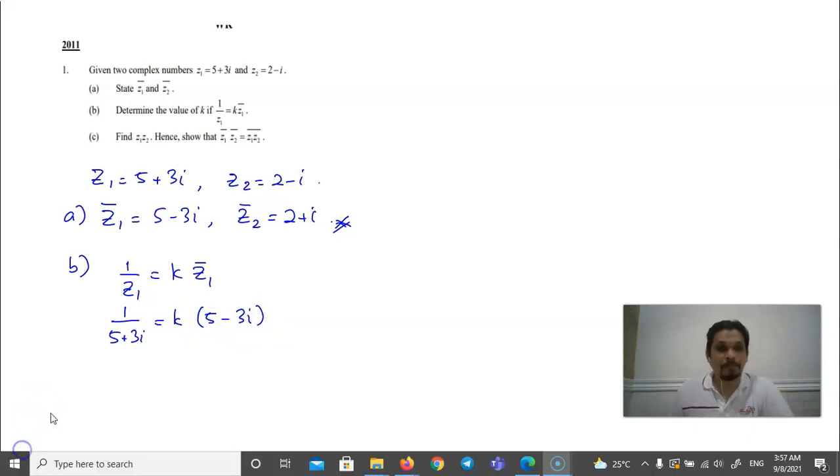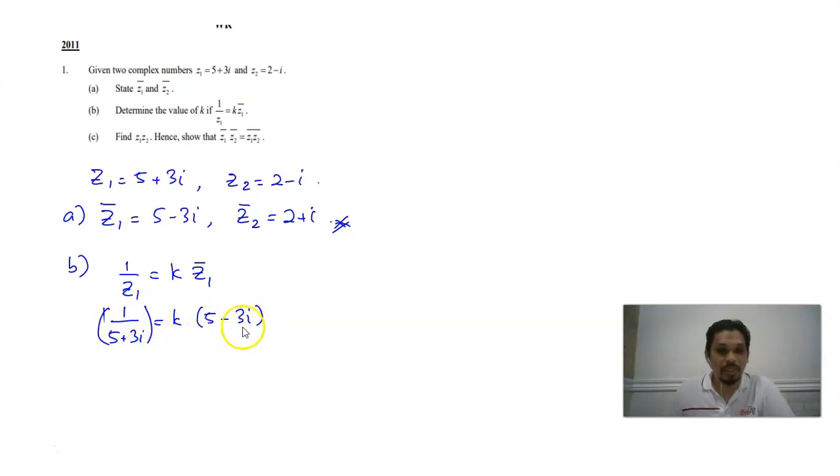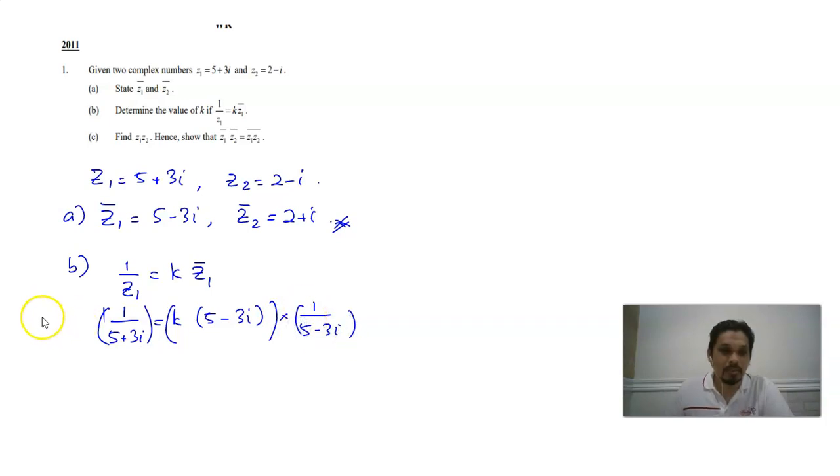Okay, class, for this one, just imagine that we divide by 5 minus 3i on the right side and also divide by 5 minus 3i on the other side. Or make it like this: multiply by 1 over 5 minus 3i, and also multiply by 1 over 5 minus 3i.